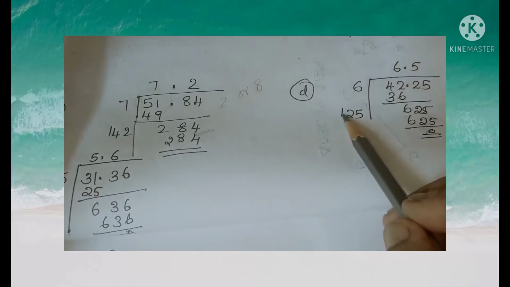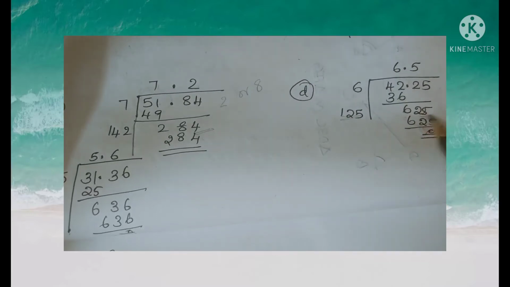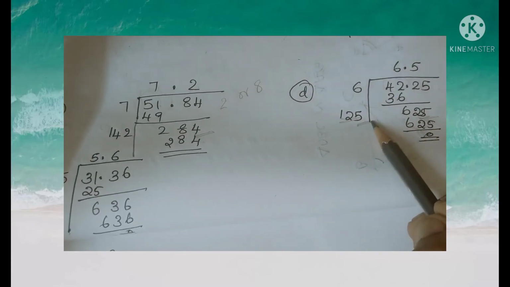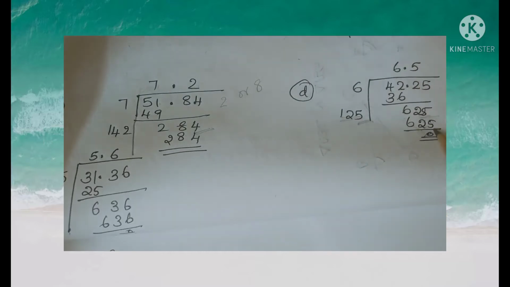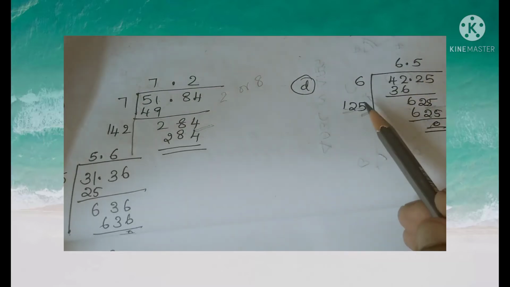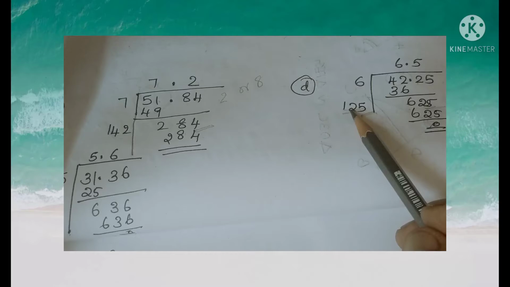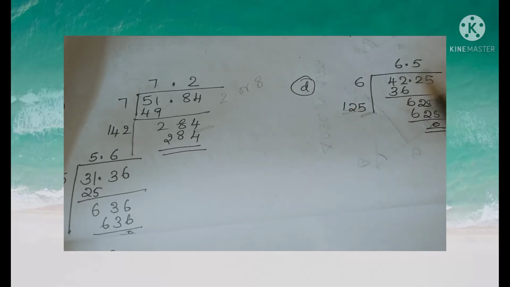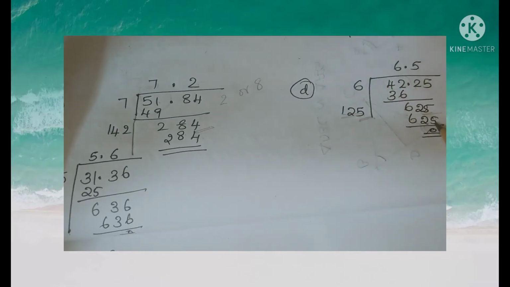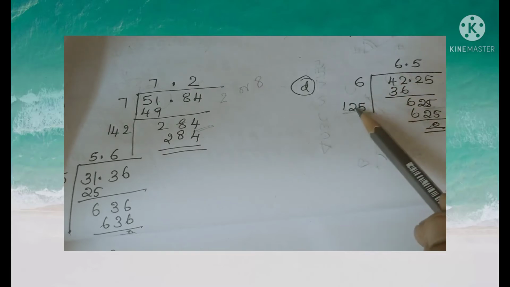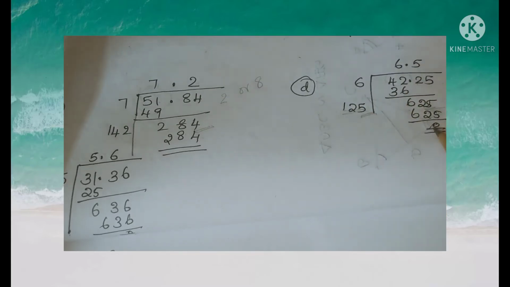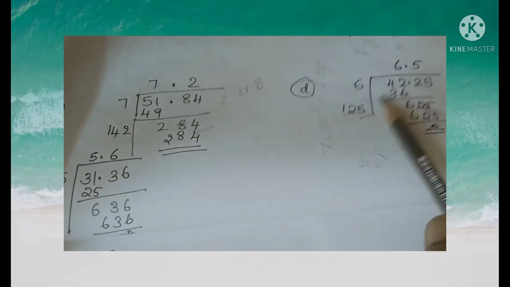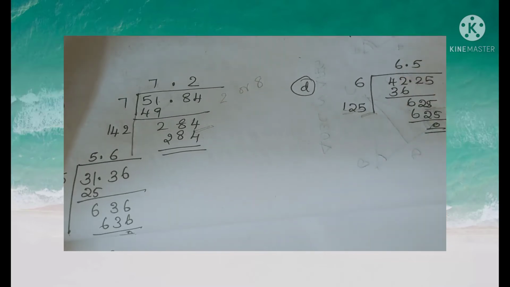Then double of 6 is 12. The number is ending with 5, so clearly it is 5. 5 into 5 25, 5 into 2 10 plus 2 12, 5 into 1 5 plus 1 6, so the square root of 42.25 is 6.5.